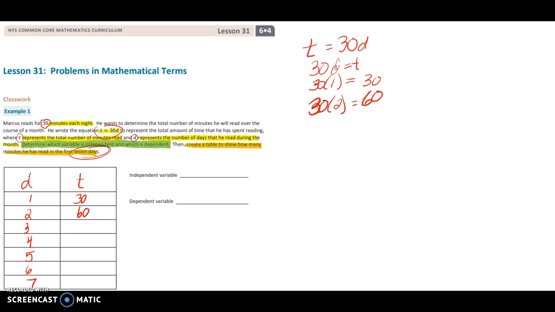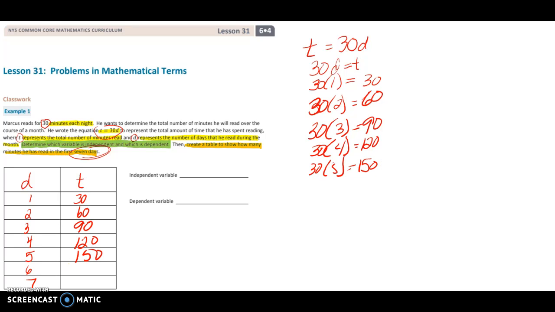And I'm going to keep going down through until I have all of the days. I know 30 times 3 is 90. 30 times 4 is 120. 30 times 5 is 150.